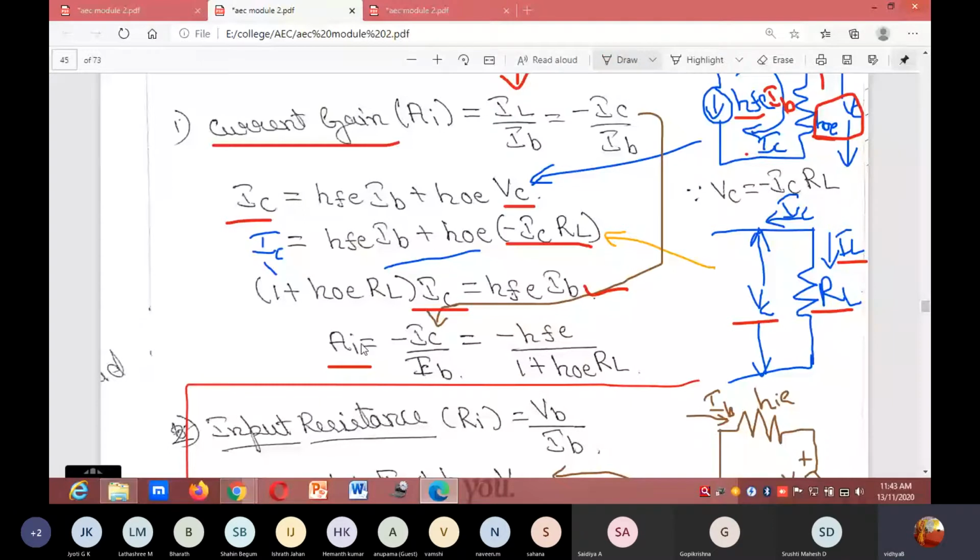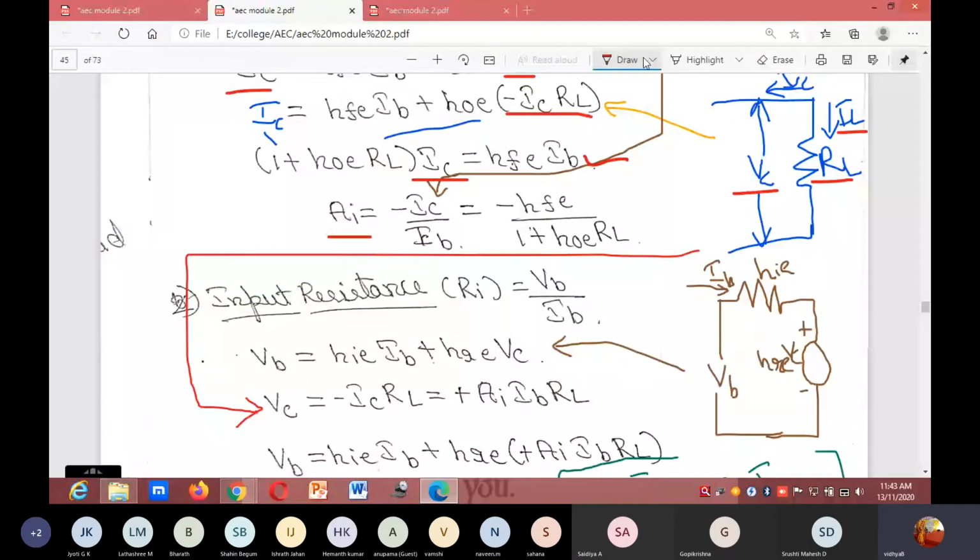Next, input resistance. Input resistance is equal to VB divided by IB. Input side is base, so we are considering base voltage divided by base current. VB is equal to, I have drawn here the figure, VB, HIE, HIE, VC.